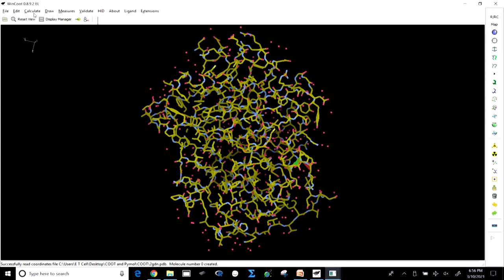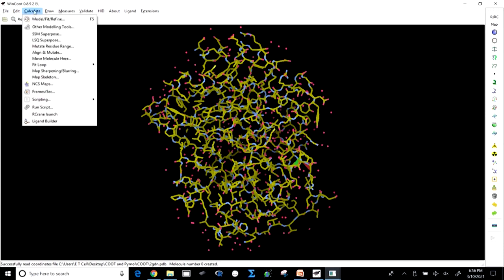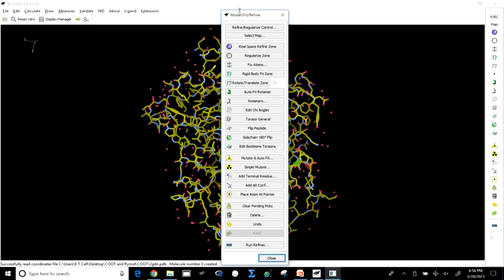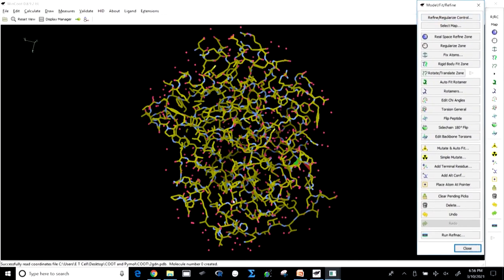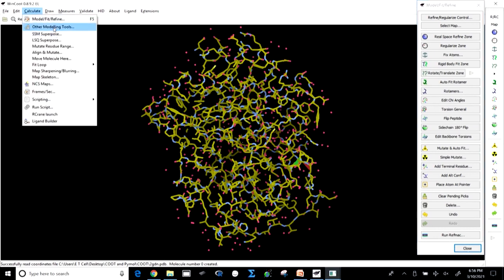Okay. Then there is calculate, you could calculate a lot of things. You could model, fit, refine, which is working with the model. This is one of our good handy tools, but then there are other modeling tools. You have SSM, LSQ, they are alignment ones, we will use them.